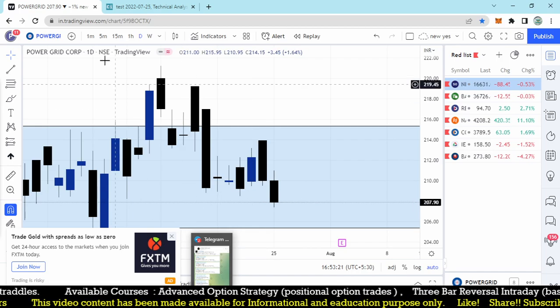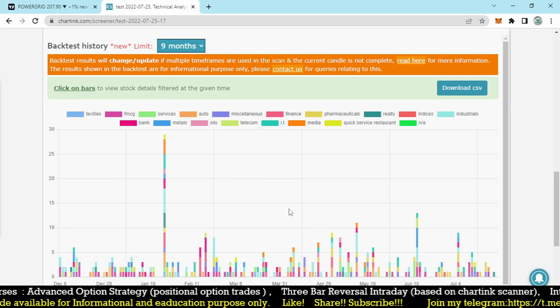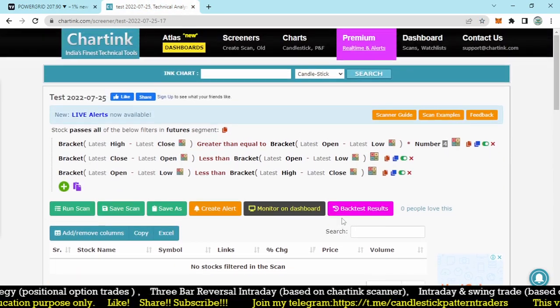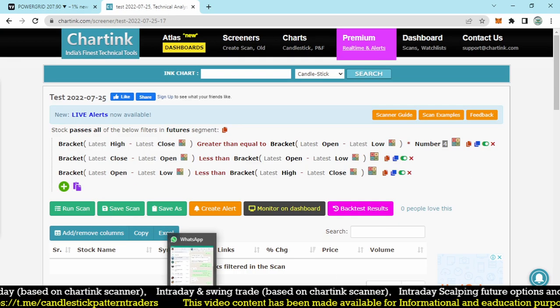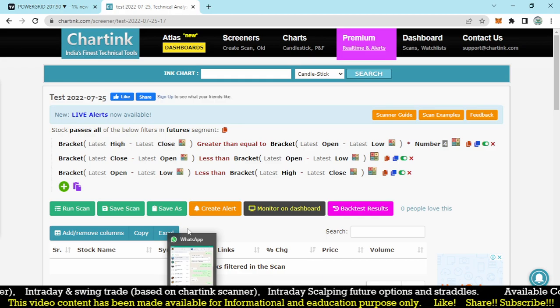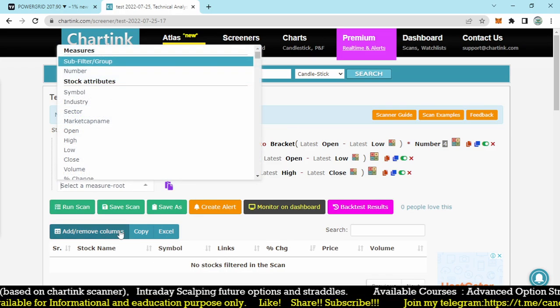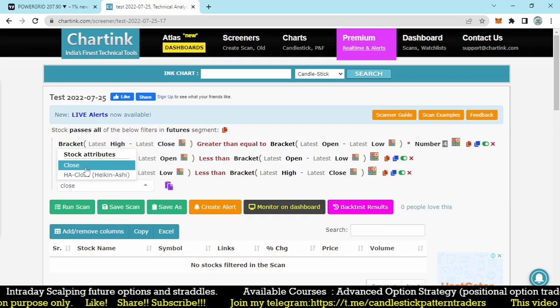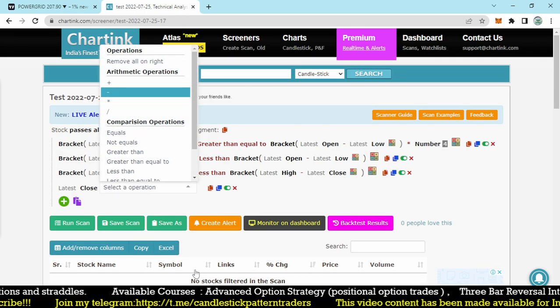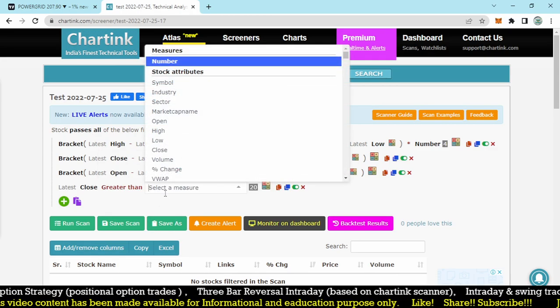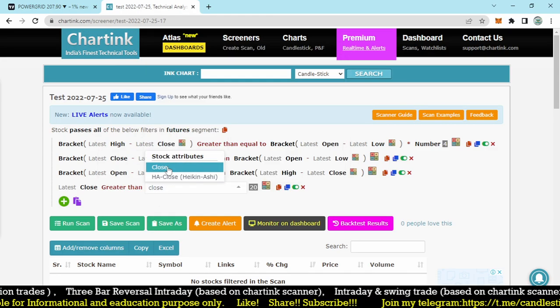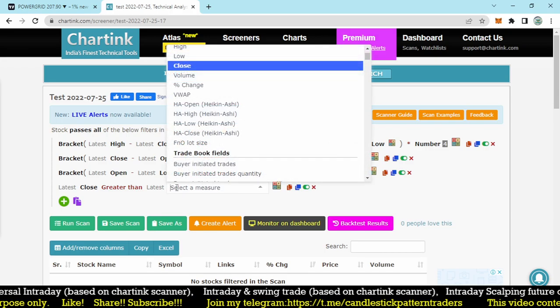Now what I'm going to do here, I'm going to check this thing, which will happen only if the stock keeps on increasing, moving higher and higher. For that kind of stocks, the latest close must be greater than the close 1 day ago.